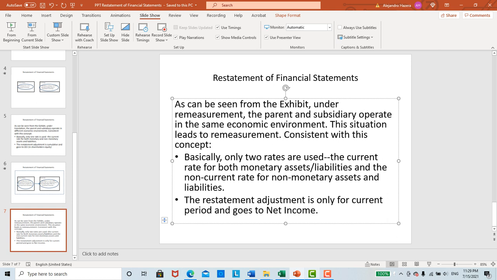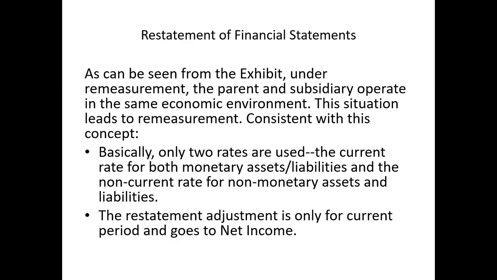And this conceptually makes more sense than translation, because for monetary assets and liabilities, for cash, receivables and payables, you're going to take their value in the foreign currency and multiply that value times the current exchange rate. And that makes sense because they're valued at their current value. Cash obviously goes up and down. The foreign value of cash, as you saw from the transactions, goes up and down with the exchange rate. The same holds true for accounts receivable and accounts payable and other receivables and payables.